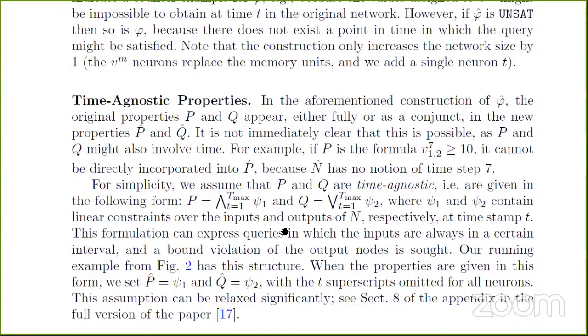Later they say that this assumption can be relaxed significantly, but I have not read this part. So what you're saying is that the core parts of the precondition and postcondition are time agnostic. They need not be so, and in that case it can become more difficult.